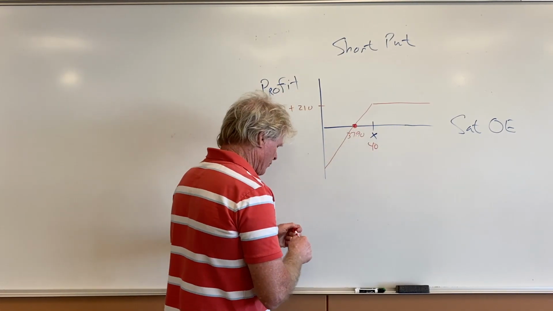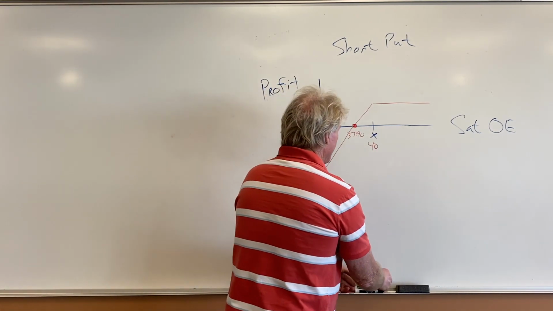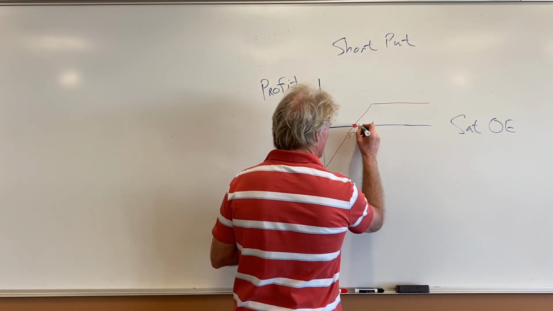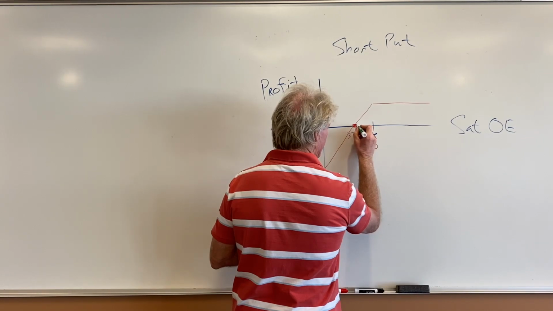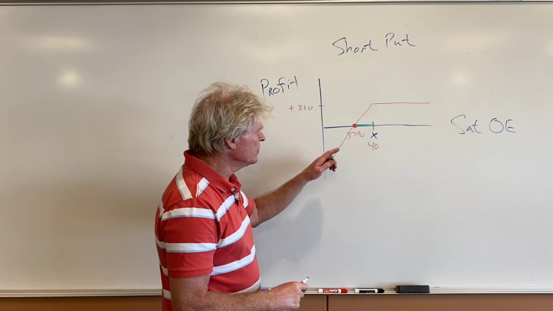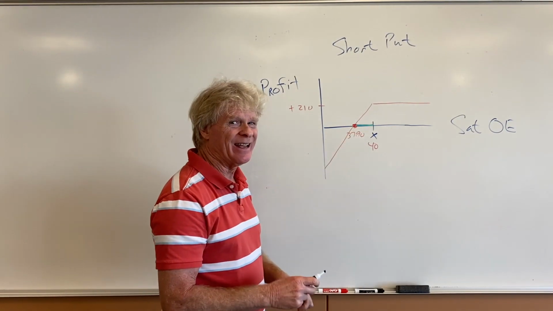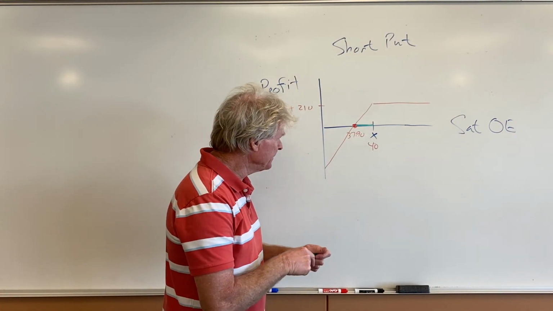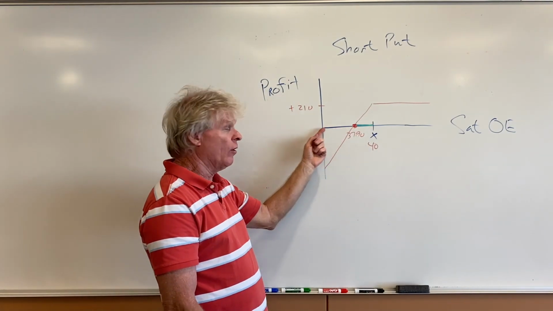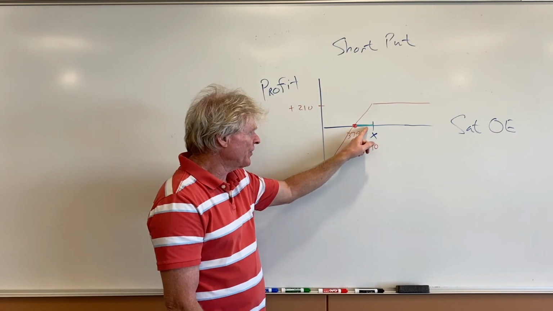Now, something very interesting here again is that for the prices between X, the strike price, and $37.90, the break even stock price as of option expiration, those are prices where the put is in the money at option expiration. Okay, those as well as all these, but this is particularly interesting here.